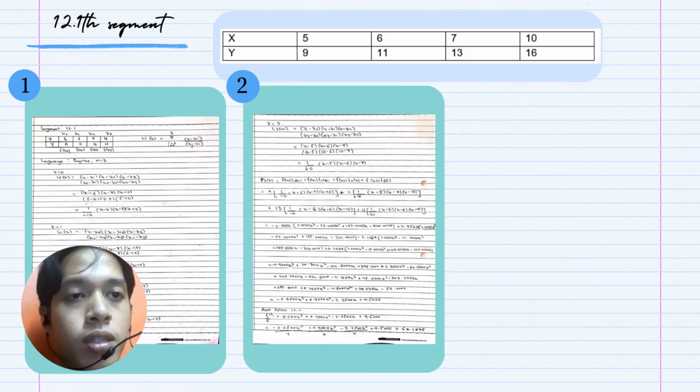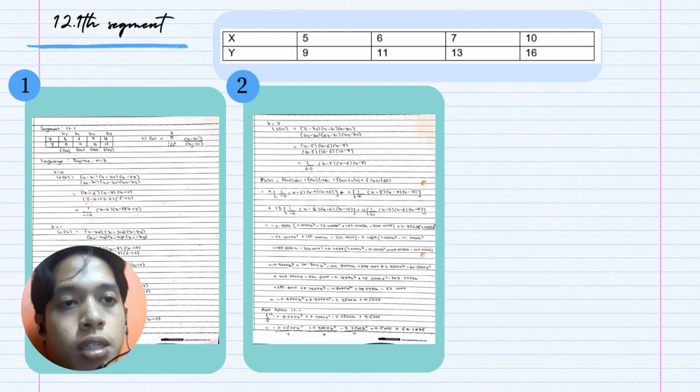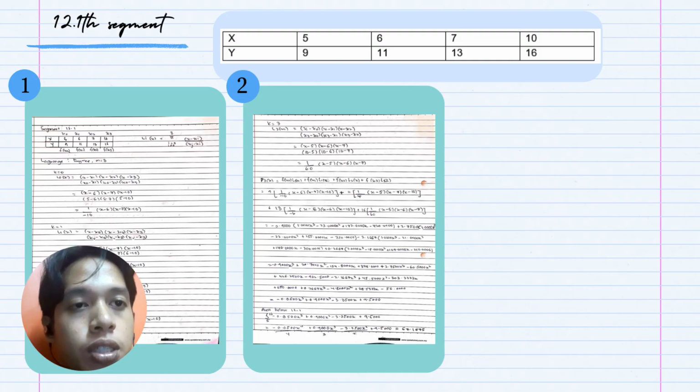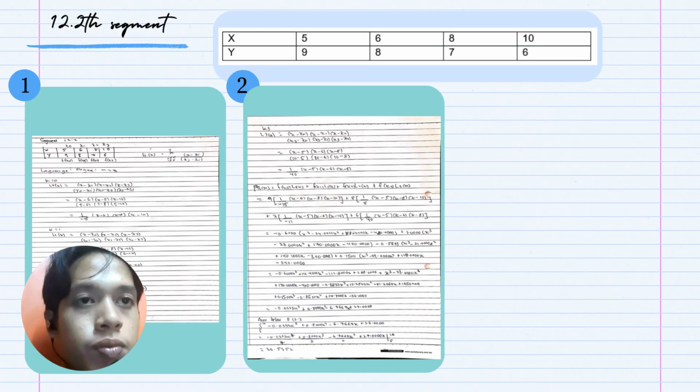Next is segment 12. In this segment, just like in segment 1, I have divided it into three other segments, which is 12.1, 12.2, and 12.3. 12.1 and 12.2 are for the lower mouth of the fish to calculate the area, and 12.3 is for the body behind the head, which we use the area to be subtracted with segment 1.3.